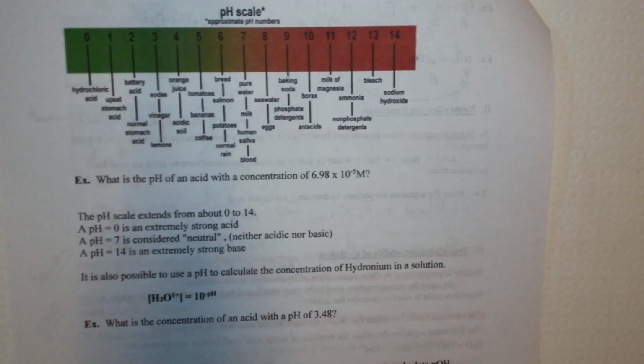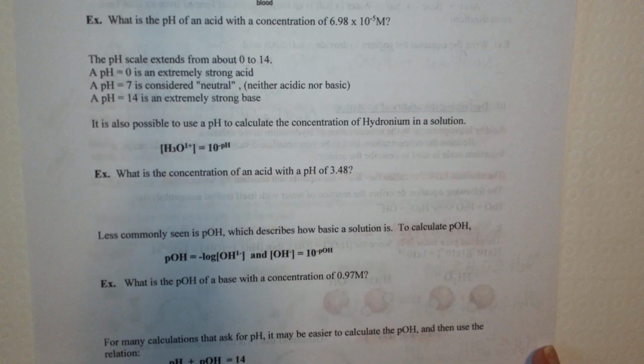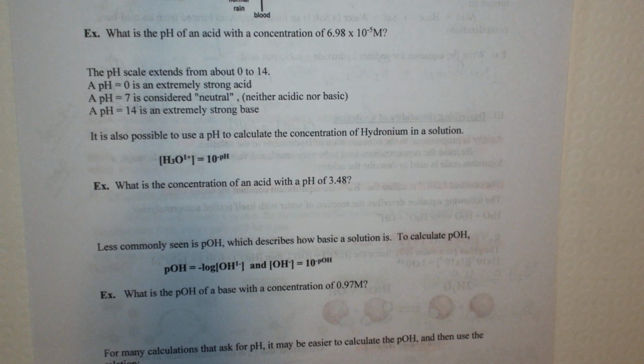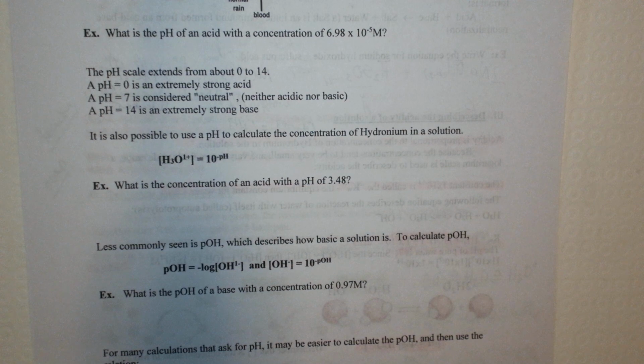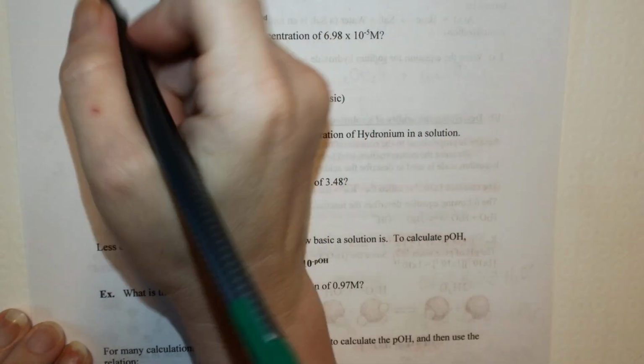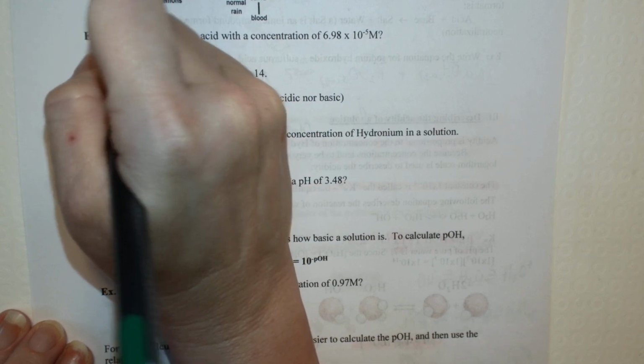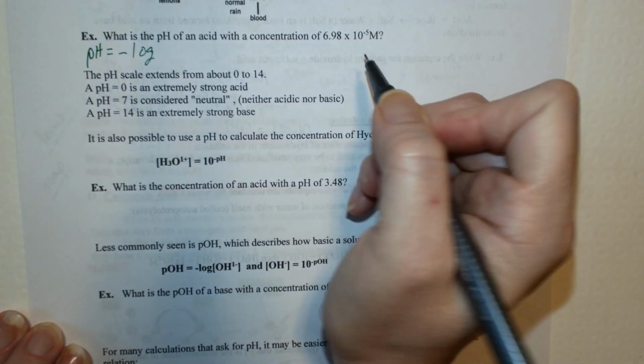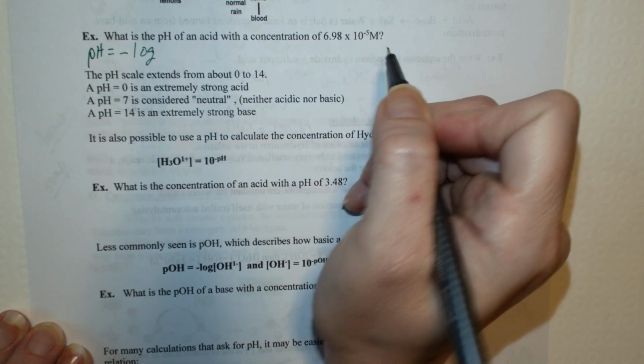Okay, so now let's apply those things. You have a pH scale at the top of this page, which is kind of fun. It says, what is the pH of an acid with a concentration of 6.98 times 10 to the negative 5th? So your pH equals the negative log of the hydrogen or hydronium ion concentration.